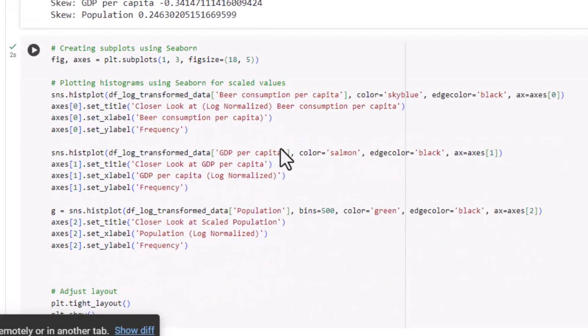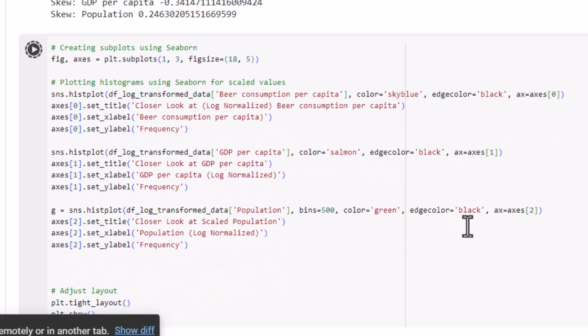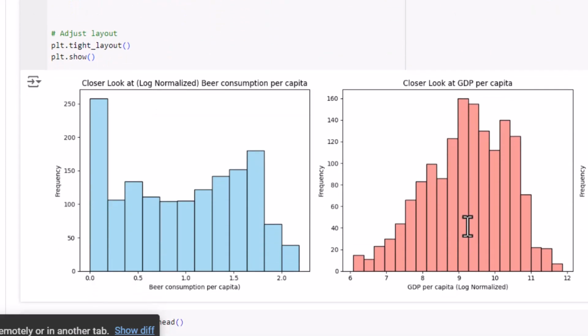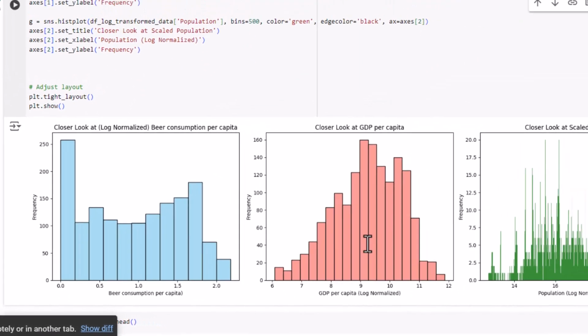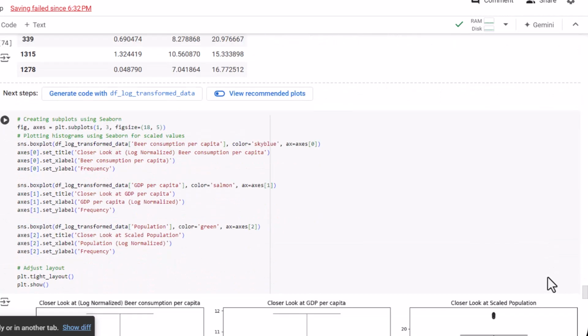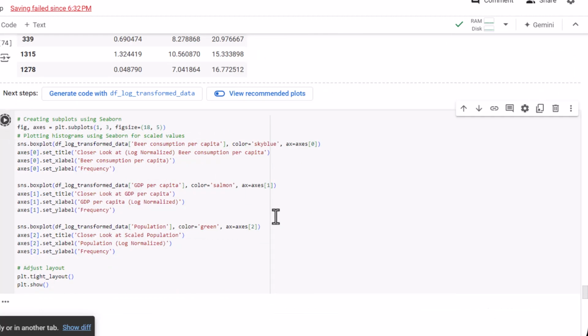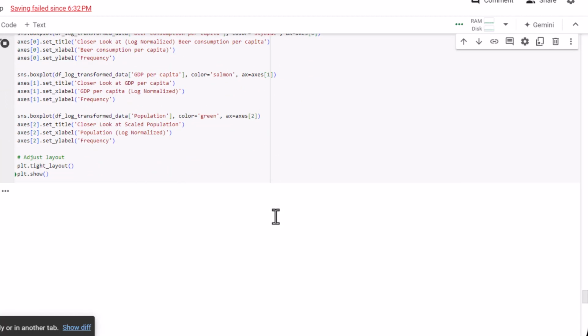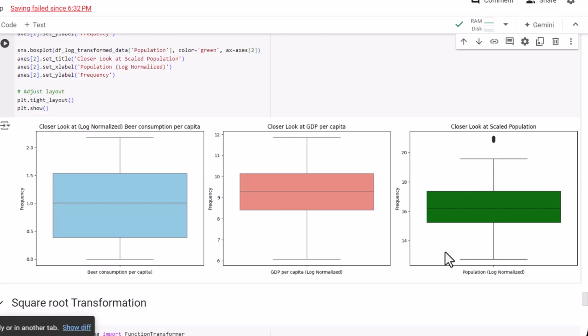And this we can confirm with the help of our old method of histplot, and we'll see the distribution has become fairly normal as compared to the previous highly positively skewed distribution. We can see that most of the outliers are also treated with this log normalization, though some outliers are still available in the population, and the same can be checked with the help of box plots over here.